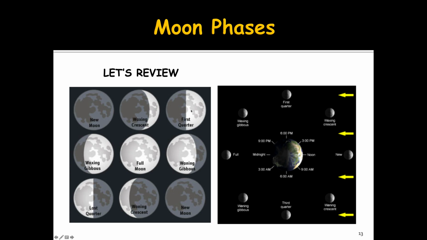Man, third quarter, first quarter, how on earth would I keep those guys straight? Remember, left is leaving. So as the light's leaving from full moon to new moon, I expect to see light on the left. And if you notice here, you can kind of keep that straight, not just for your quarters, but if I go out and I see a waning gibbous or a waxing gibbous, all right, I remember they're rounded on both ends.